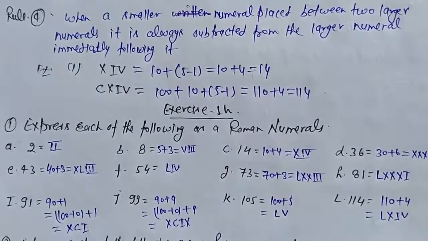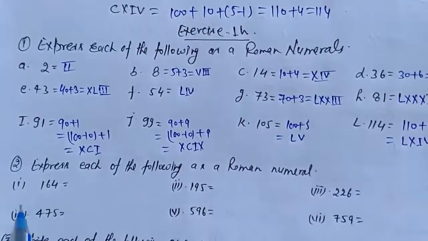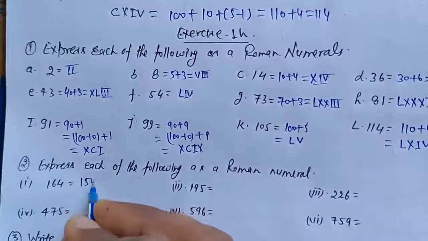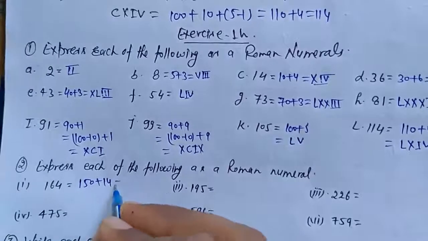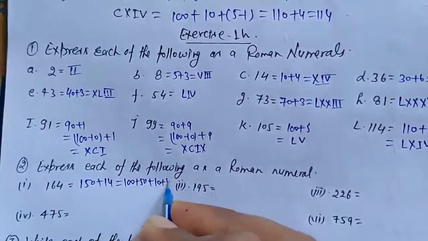Next question is, express each of the following as a Roman numeral. First question is 164. 164 is written as 150 plus 14, and 150 is written as 100 plus 50 plus 10 plus 4.